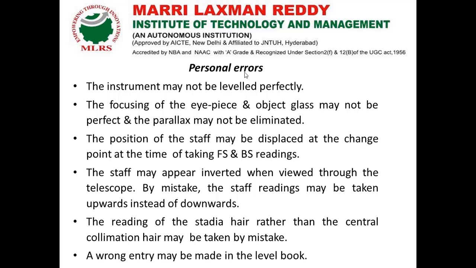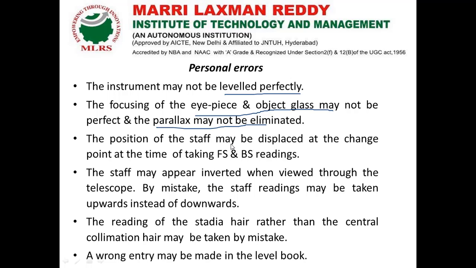Personal error is purely done by the surveyor. The instrument may not be leveled properly, that is, the bubble tube is not at the center. The eyepiece and the object glass may not be adjusted perfectly, so the parallax cannot be eliminated.